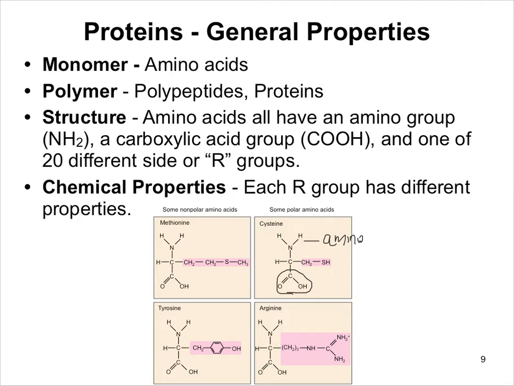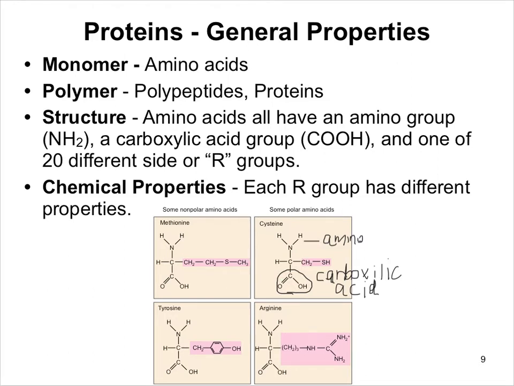Over here on this side, that is a carboxylic acid. And this carboxylic acid we've talked about before. So you've got your amino and your acid. Hence it's an amino acid.